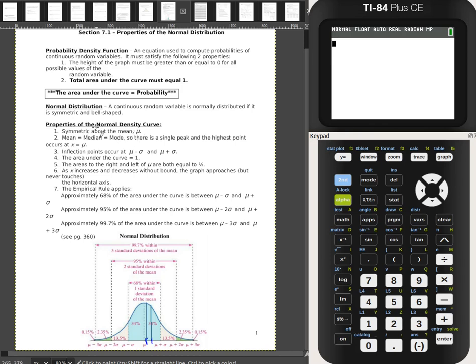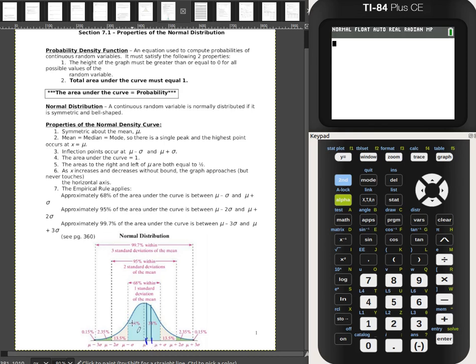We're talking now about the properties of the normal density curve, and that's what you see down here. It's the bell-shaped one. It's symmetric about the mean, so the mean will always be right in the middle. The mean, median, and mode all are in the middle because of this symmetry.